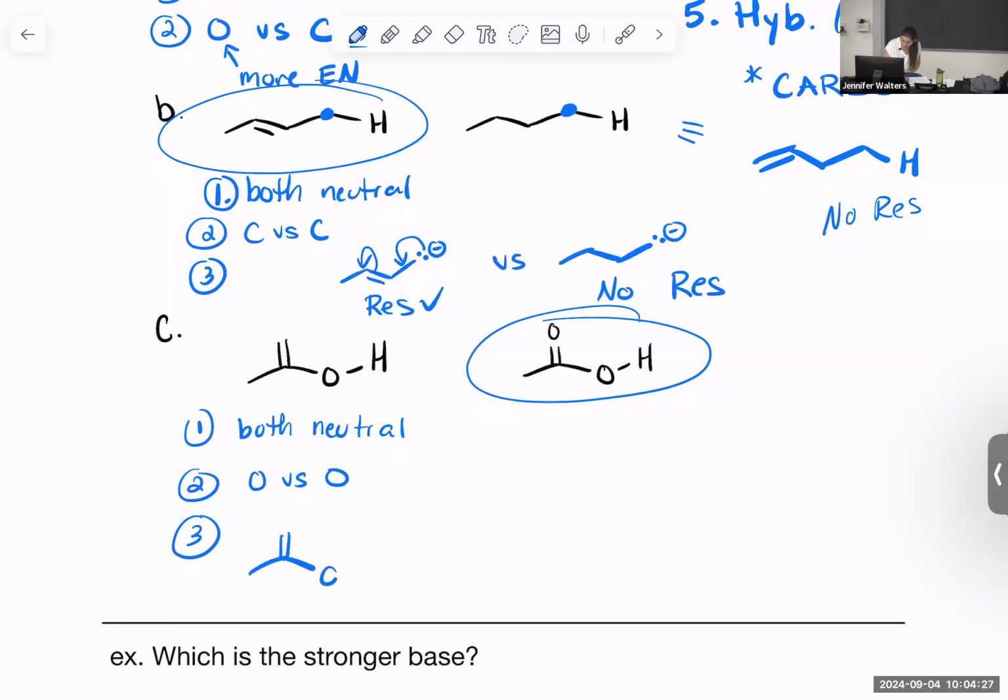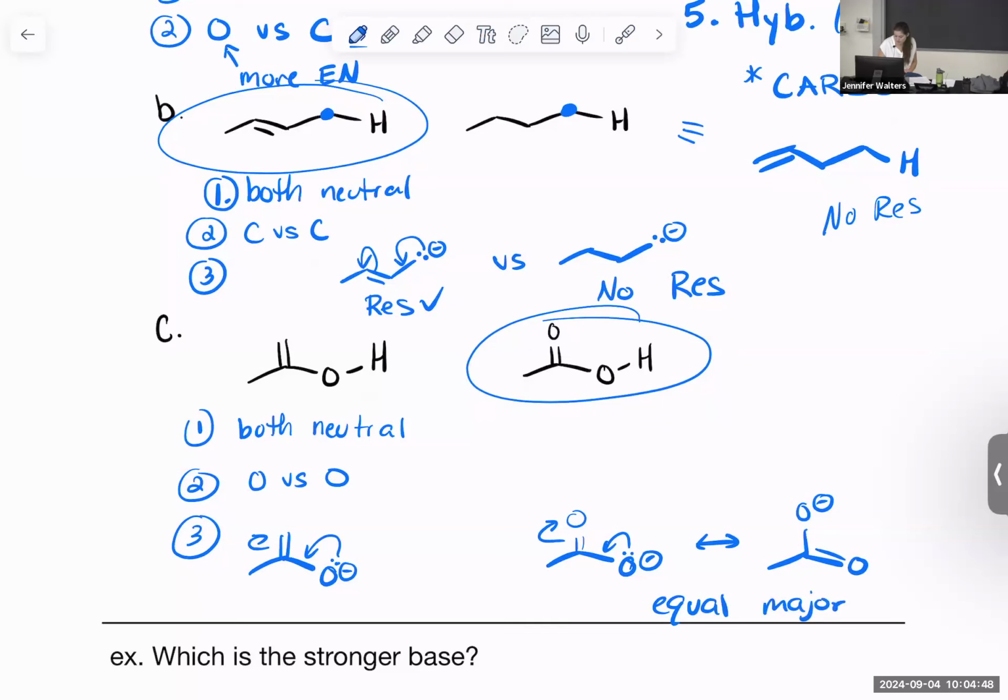So when I look at this, both have resonance, but one of them has a better resonance structure. So the one on the right has the resonance structure that is equal. These are equal majors. These are equal resonance contributors.